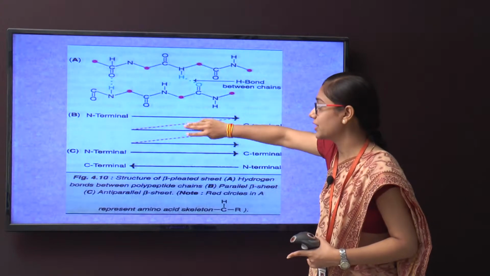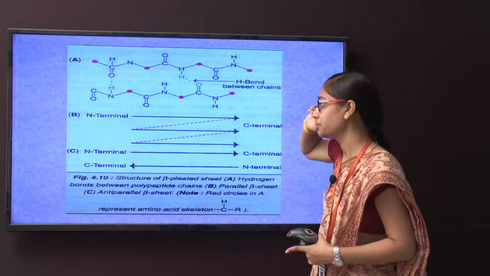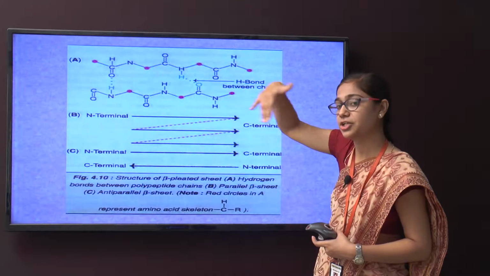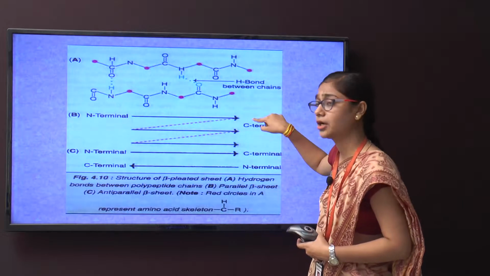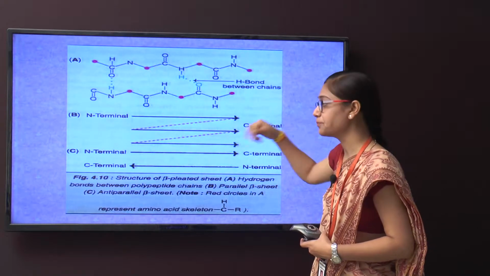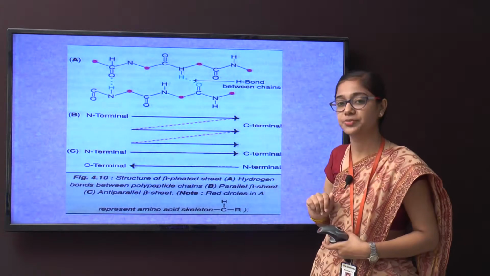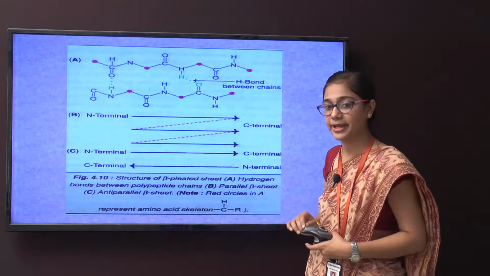Because, for example, there are 3 polypeptide chains, and these 3 chains go from N terminal to C terminal. This is the first polypeptide chain, N terminal to C terminal; second, N terminal to C terminal; and third, N terminal to C terminal. So this is parallel.